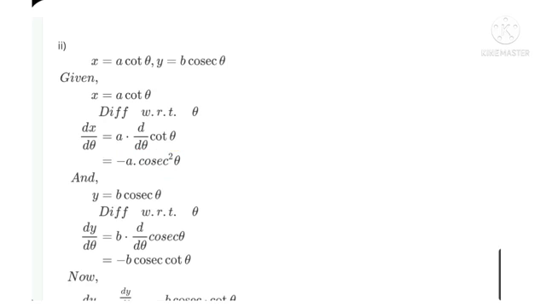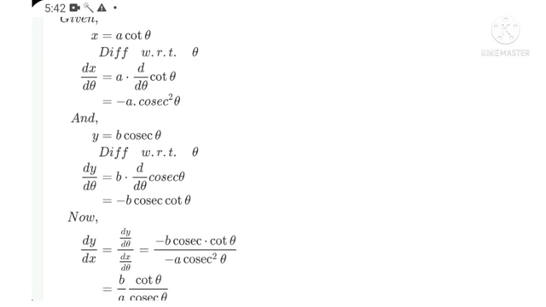Now y is equal to b cosec theta. Differentiate with respect to theta, we get dy by d theta is equal to b into d by d theta of cosec theta. What is the derivative of cosec theta? Minus cosec theta into cot theta. So we get dy by d theta is equal to minus b cosec theta cot theta.